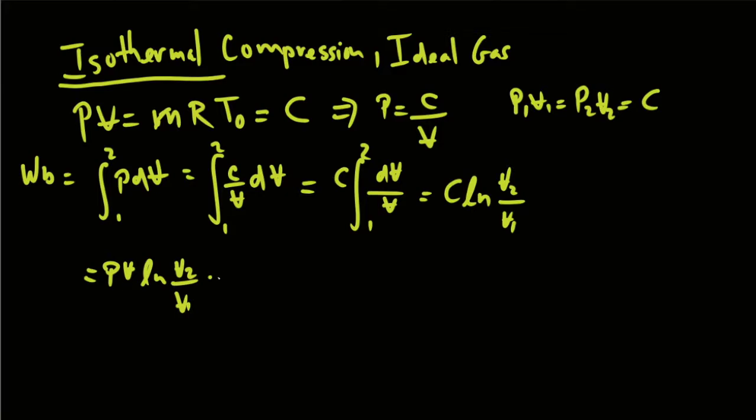So we can say that this is also equal to P2 V2 natural log V2 over V1. And likewise, it's P1 V1 natural log V2 over V1. So you get the point.